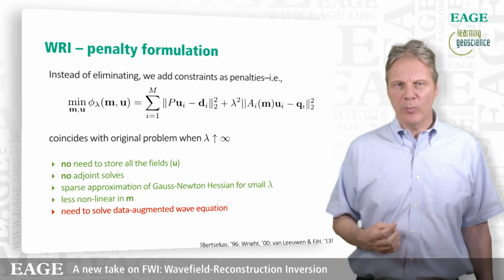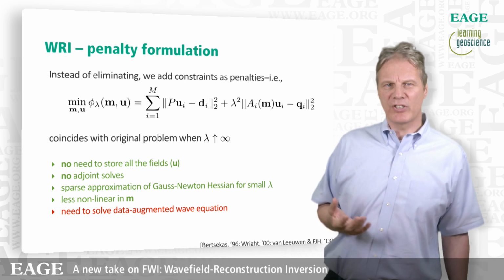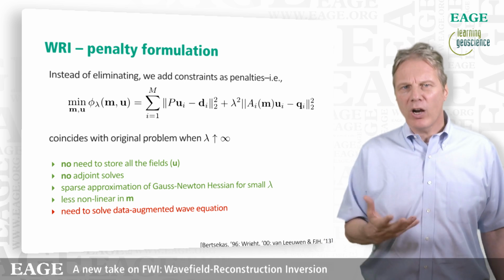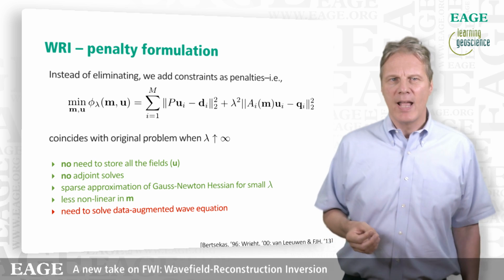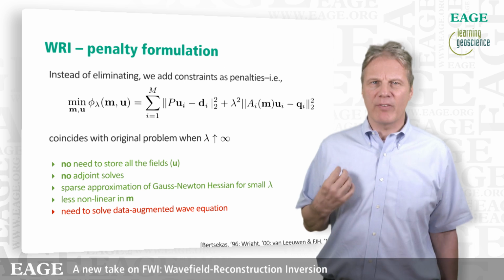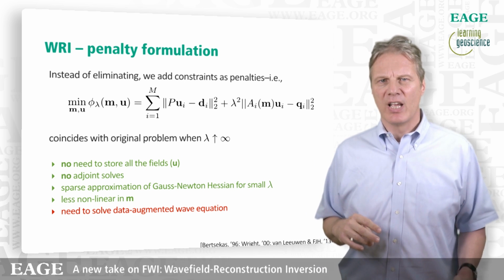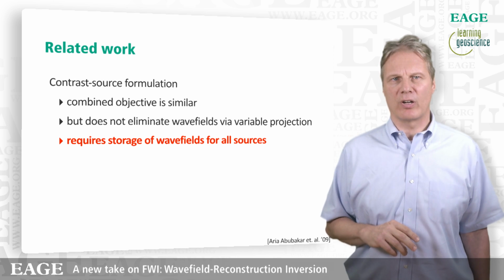The great thing about this formulation, we don't need to store all the wave fields. We don't need adjoint wave equation solves. We have sparse approximate Gauss-Newton Hessians, which are very beneficial, as we will show. It's less nonlinear in M, but one thing we have to do is solve these data augmented wave equations, and that can be done, and that is a topic outside the scope of this talk.